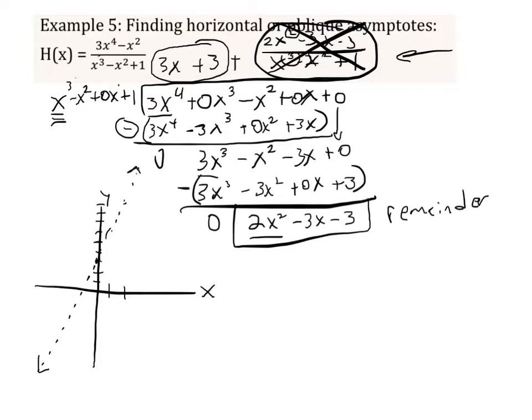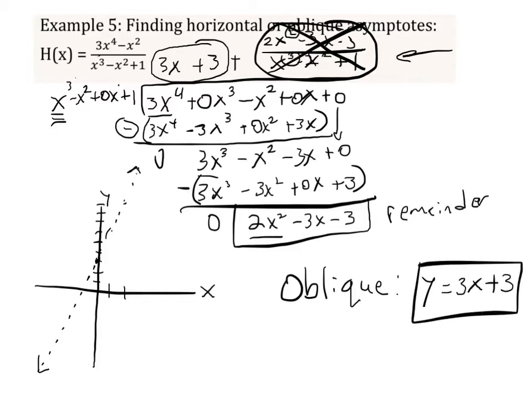That represents an oblique asymptote. So we would write that as y equals 3x plus 3. Okay? It could be y equals x. You know, it just depends on what your division creates for you. All right? But that's how it looks.